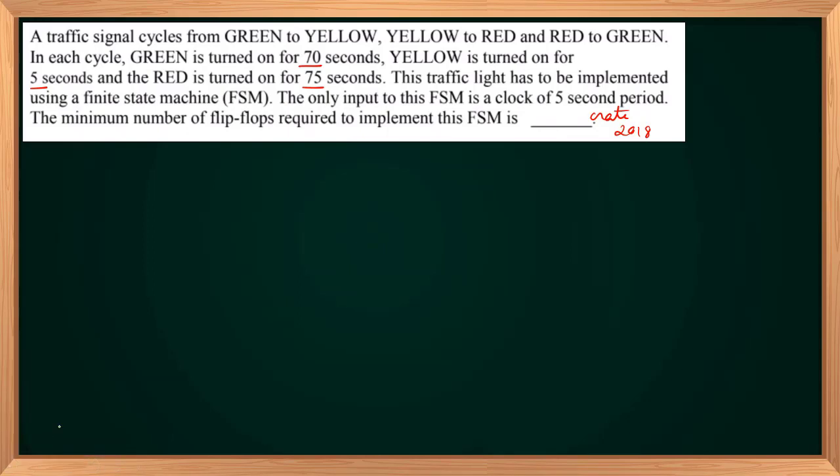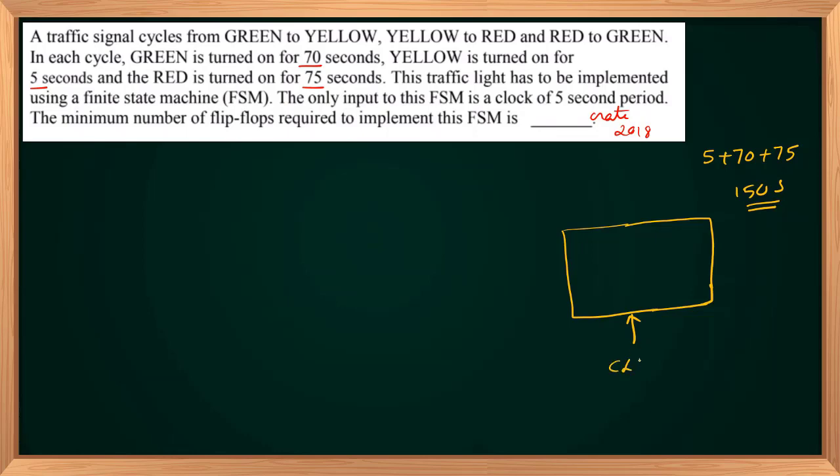So here we have a machine, a finite state machine, or a counter, or a timing circuit that will generate yellow, green, red signals for a proper interval. So the total interval is 5 plus 70 plus 75, that is 150 seconds. You are controlling this sequential circuit with a clock of 5 second period.